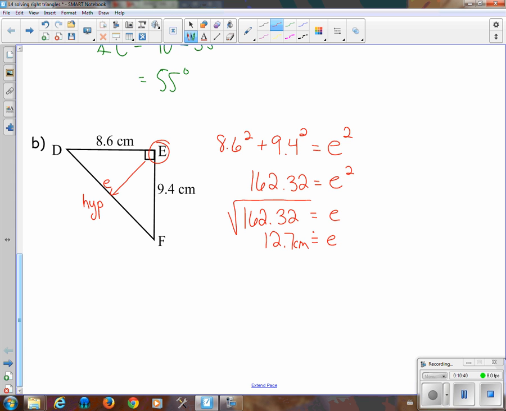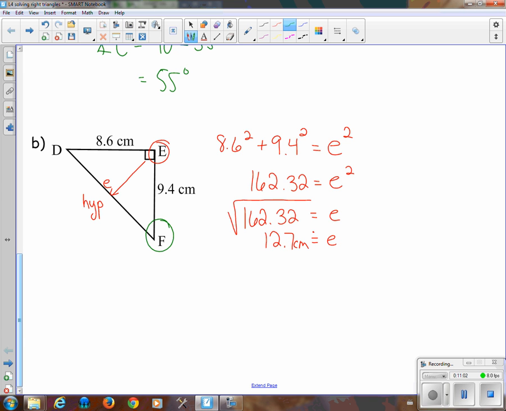I still need to figure out all three angles. So when calculating an angle, I need two of them. Pick one and solve it. To calculate an angle, the only calculation of our three things that we can use when we don't know any other angles is SOHCAHTOA.